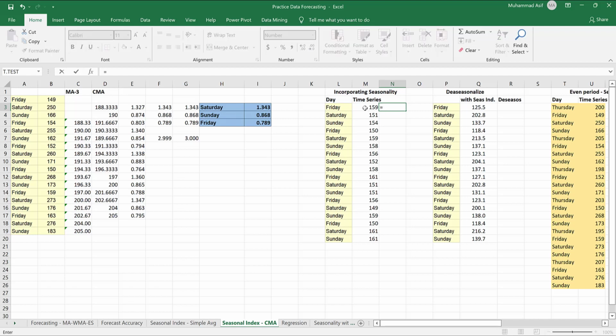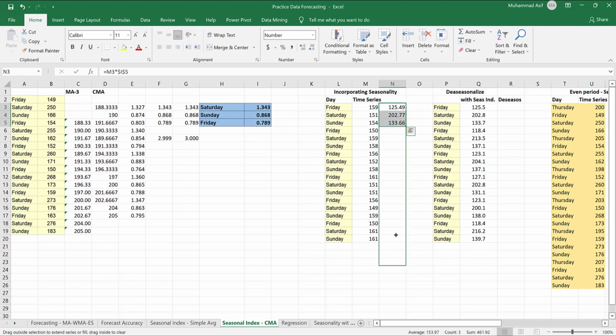So Friday 159 multiplied by F4, and then Saturday will be this value multiplied by this one and converted into absolute value, and Sunday 154 multiplied by the seasonal index on Sunday F4, and this new column shows sales whereby seasonality has been incorporated.